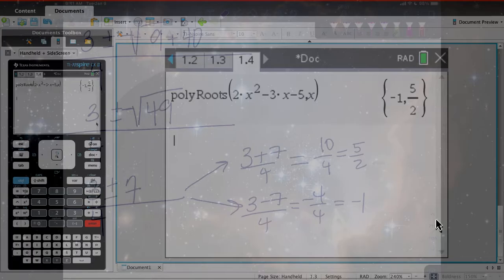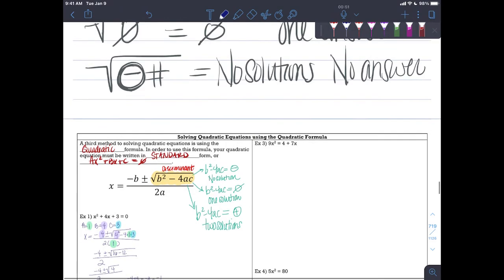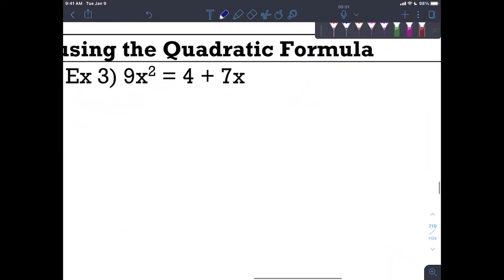All right, so let's go ahead and take a look at the very next example. So here we have one that is not equal to 0. So I want to go ahead and get that x squared, and I want to have everything else on the same side with it.